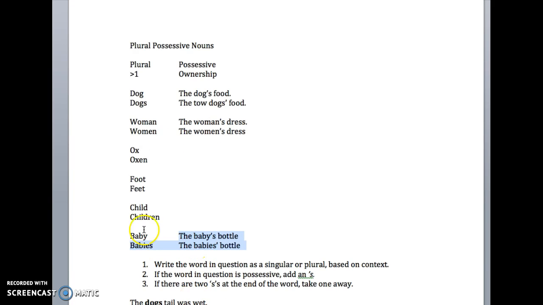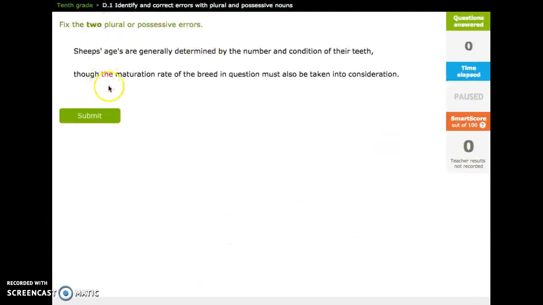Okay, so let's take the last few minutes here and see if we can get some of the examples done. Sheep's ages are generally determined by the number and condition of their teeth. Sheep's. Okay, well the plural for sheep is sheep. So step 1 is write it as it's supposed to be.